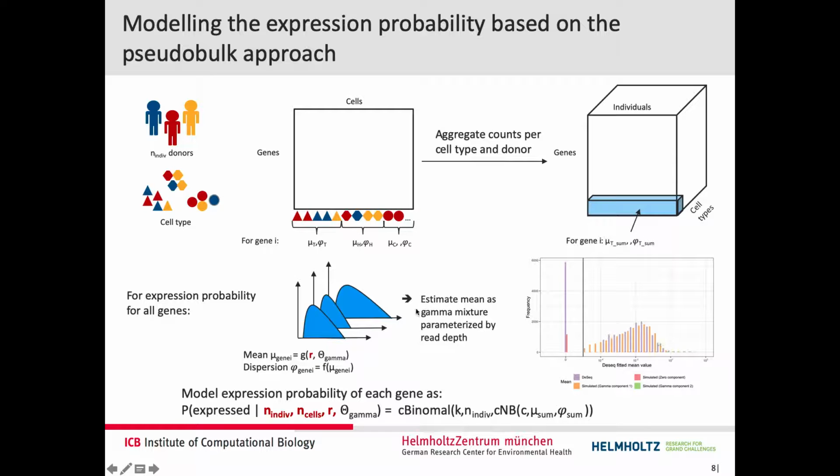And then to incorporate the read depth as promised, we subsampled our count matrix and saw that for different read depths, our gamma mixture distribution is shifted. So we parameterize this gamma mixture by the read depth. And with this, we finally have our three main experimental parameters in the formula, and we need a few additional hyperparameters to describe these gamma mixture distributions dependent on the cell type and the mean dispersion curve.